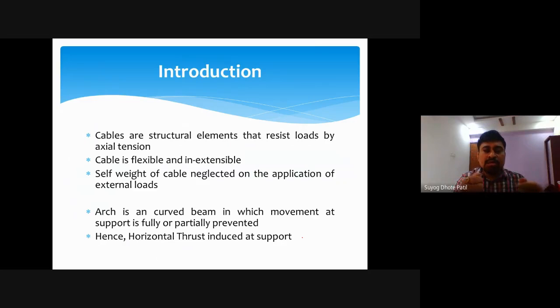In a thread there will be tension, not compression. So all the forces coming on the cables, all the vertical or gravity forces, are resisted by axial tension, not compression.